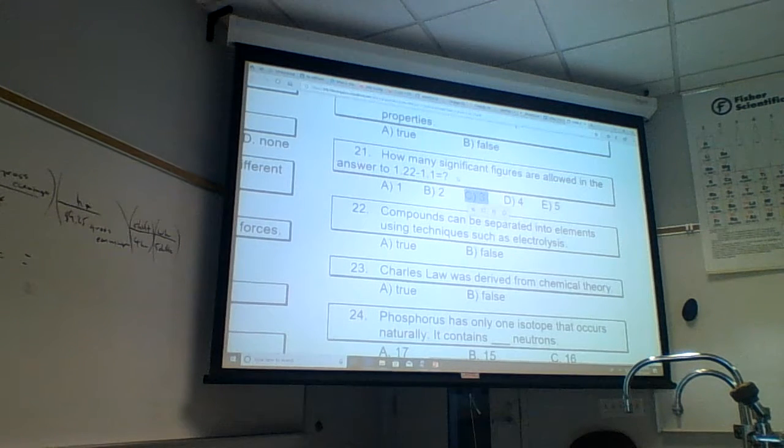When we do addition or subtraction, we do it like this. Minus 1.1 equals what? All I have is 0. Is that 0 significant or not? It's insignificant, but I'm just going to add it there as a placeholder. So 2 minus 0 is 2. This is uncertain, so I'm going to subscript that, and so this 2 is not allowed. 2 minus 1 is 1. That's allowed. 1 minus 1 is, how many sig figs is that? That's 1. The correct answer is A.